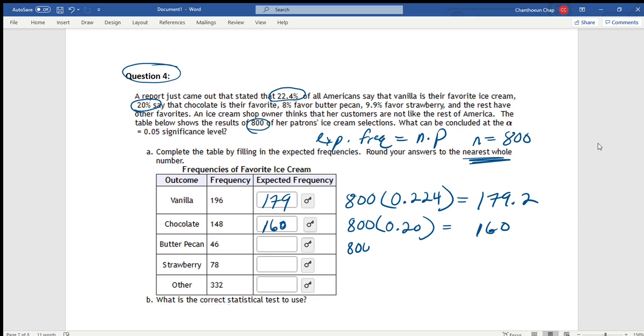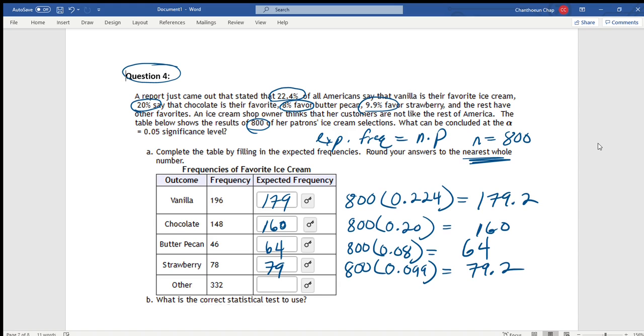For butter pecan, we'll take 800 and multiply by 8%, or 0.08, and that gives us 64. We expect 64 out of 800 to prefer butter pecan. For strawberry, we'll take 800 and multiply by 9.9%, or 0.099. That gives us 79.2, which we're going to round to 79.